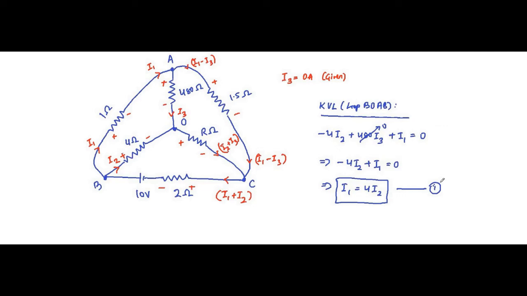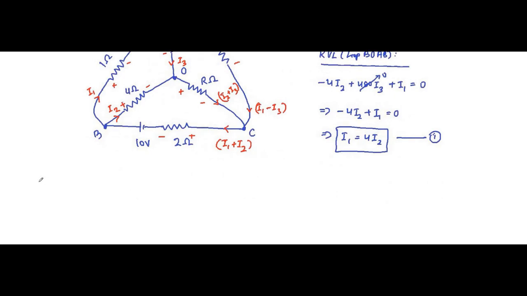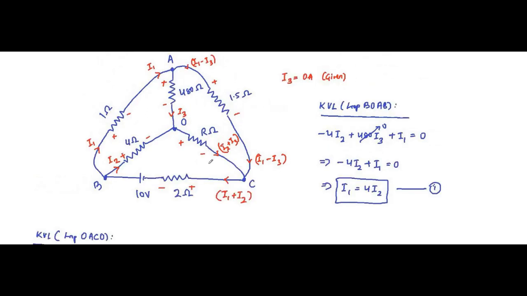Now let us consider loop OACO, this upper right side. Let us apply KVL in loop OACO. Let's start from this C point.